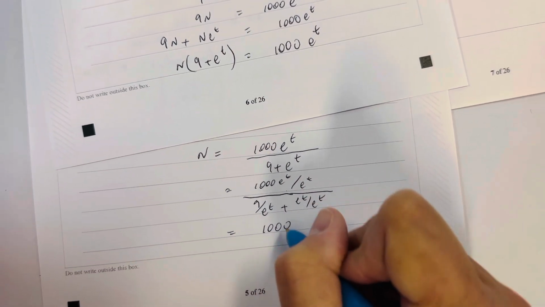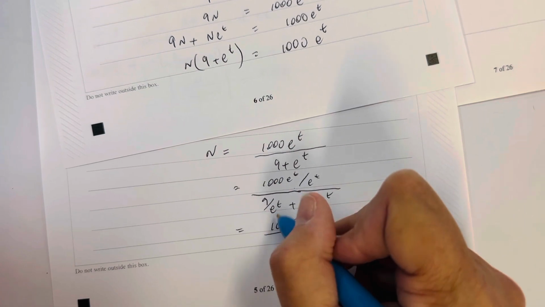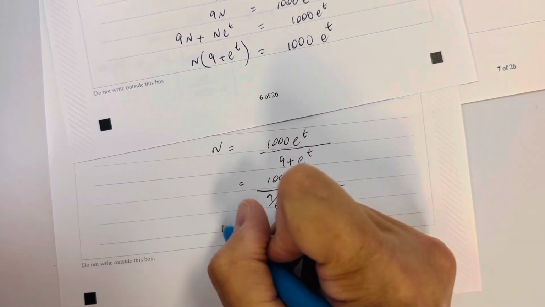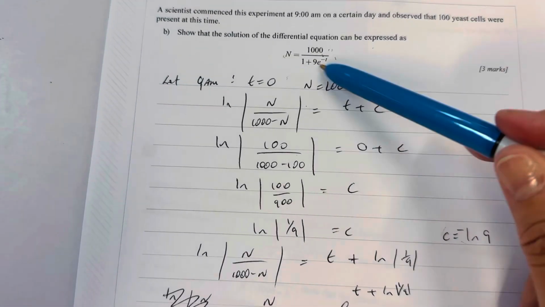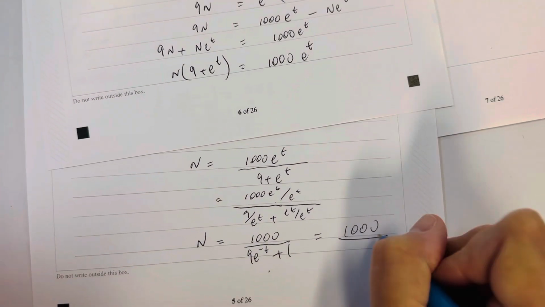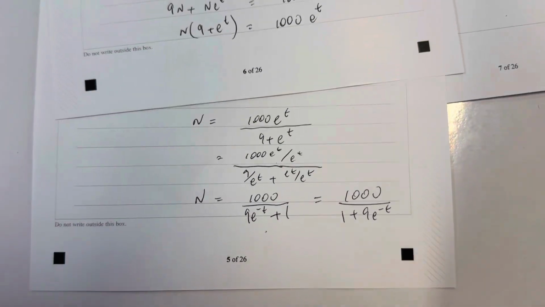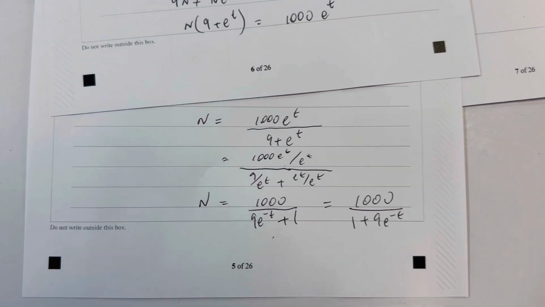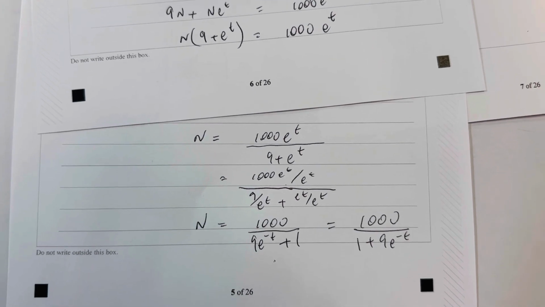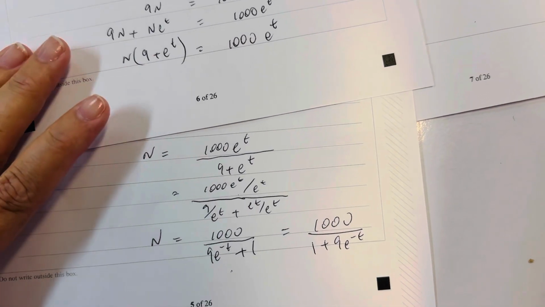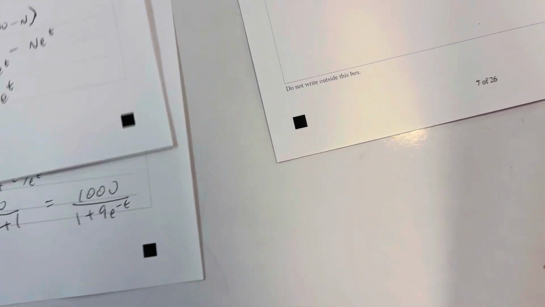That gives me 1,000 over 9e to the negative t plus 1. That then is what we've got here. Obviously, I've switched the denominator, so we can very easily say that's 1,000 over 1 plus 9e to the negative t. So, very much using your algebra skills to manipulate that around. And then you think, wow, that's a big question.